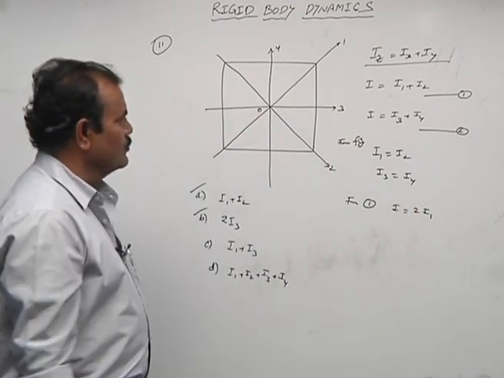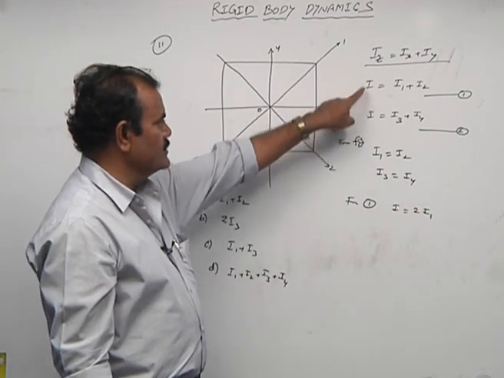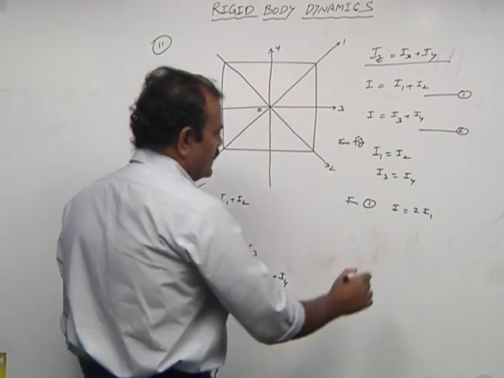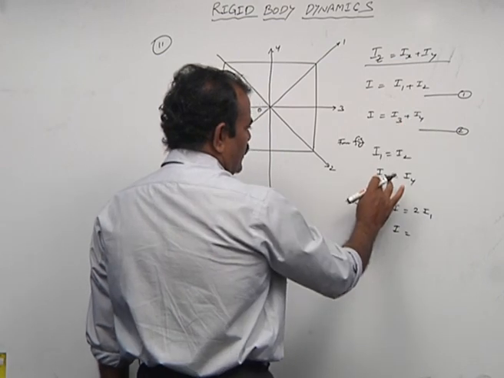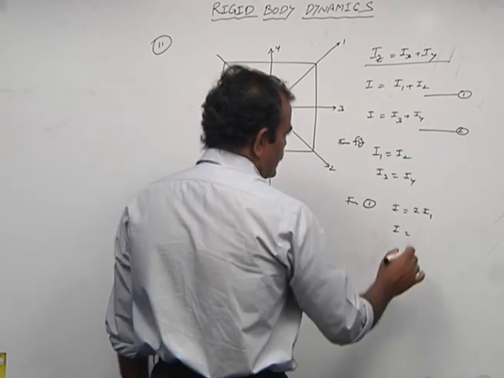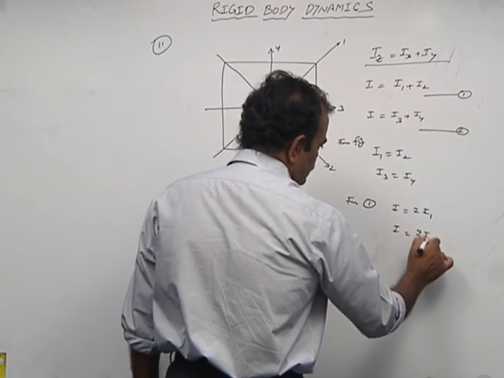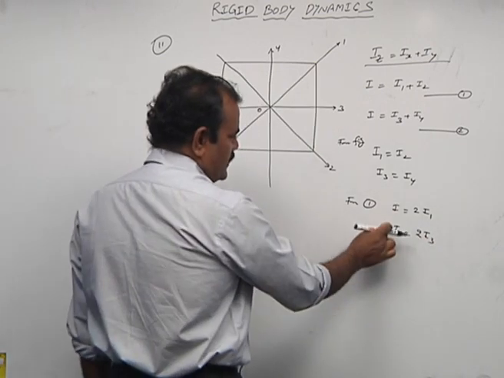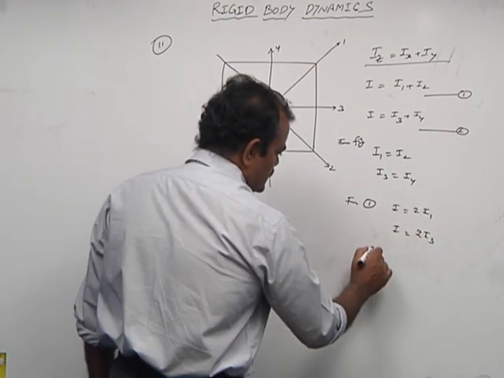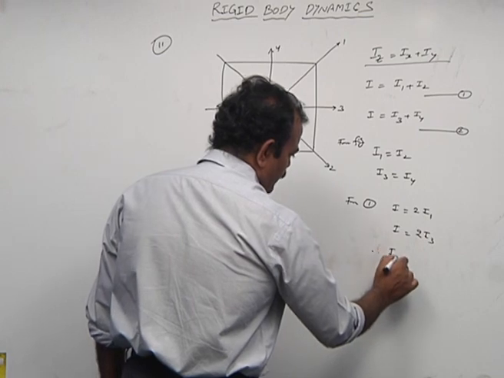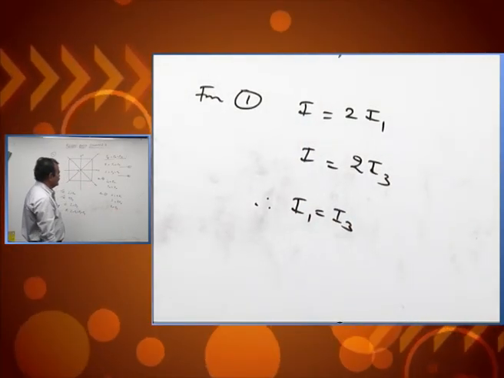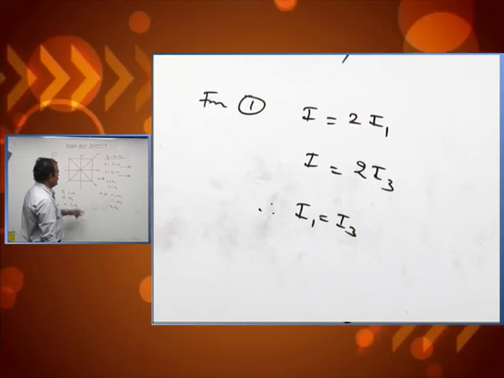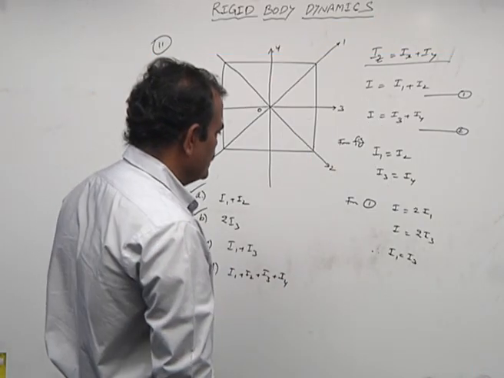Similarly, in place of I4, applying I3, I is equal to 2I3. When the left-hand sides are the same, we can equate the right-hand sides. Therefore, I1 is equal to I3.